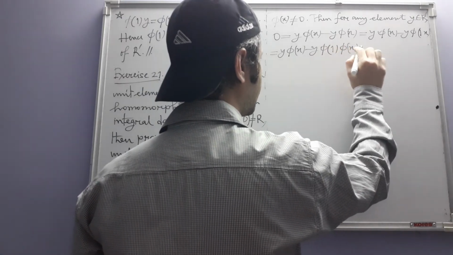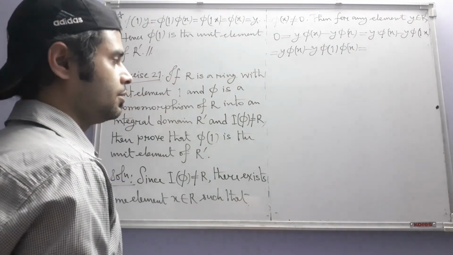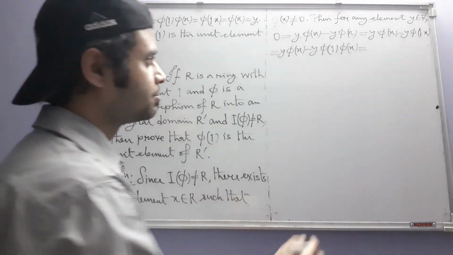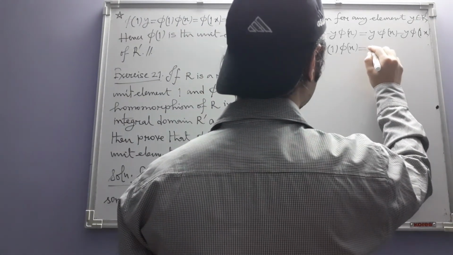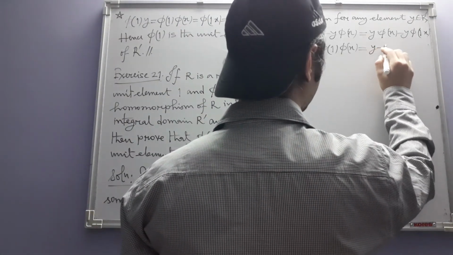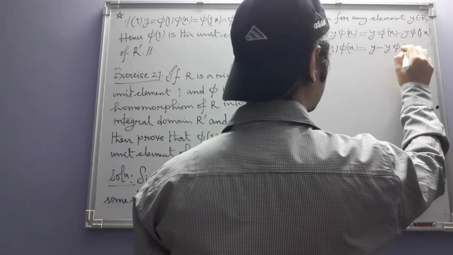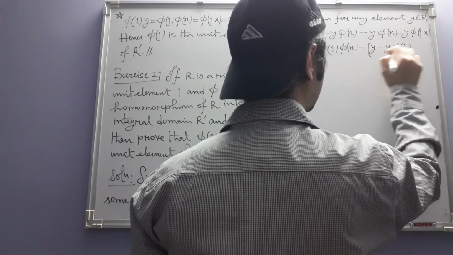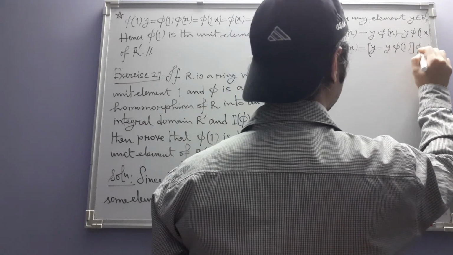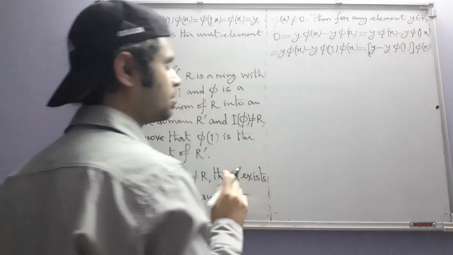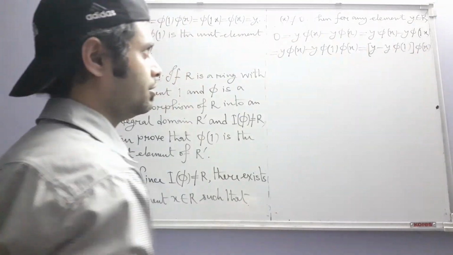Now using the right distributive law, you can take phi x common out. Doing that gives us y minus y phi of 1 times phi of x, and that is equal to 0.